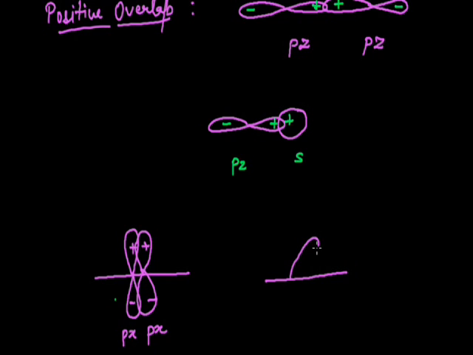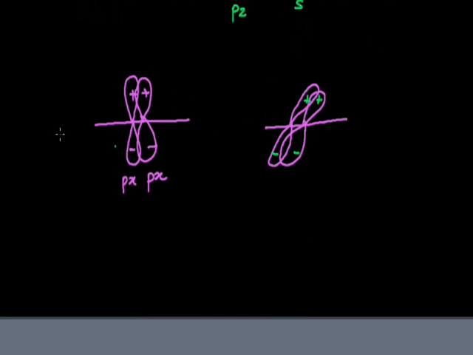Then for py orbitals, again the signs are the same in case of the positive overlapping. Example of negative overlapping.